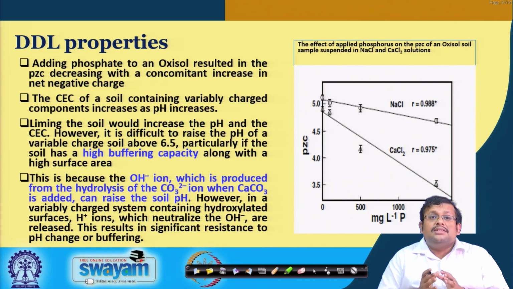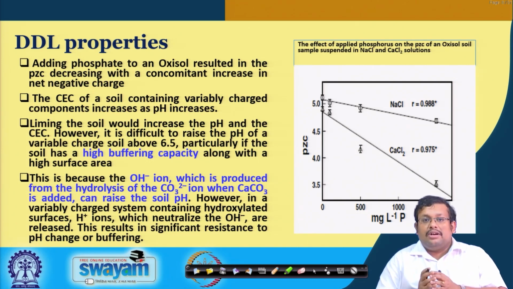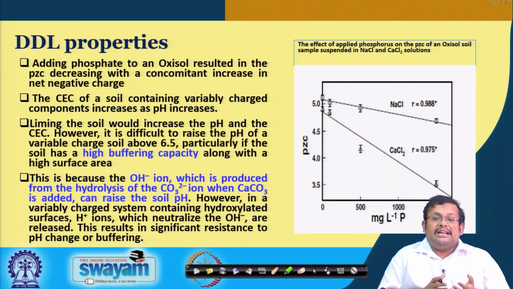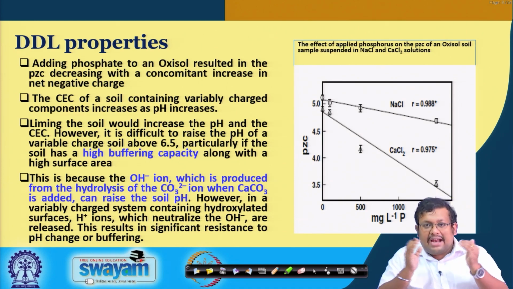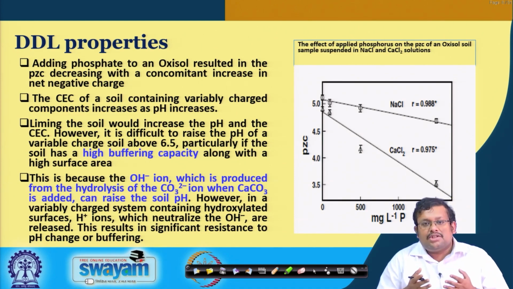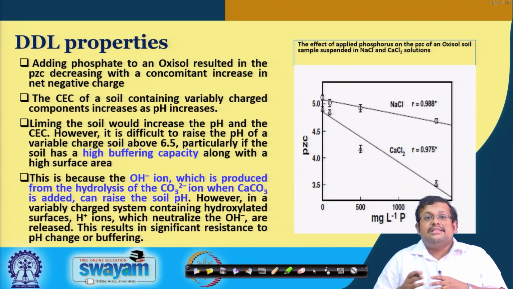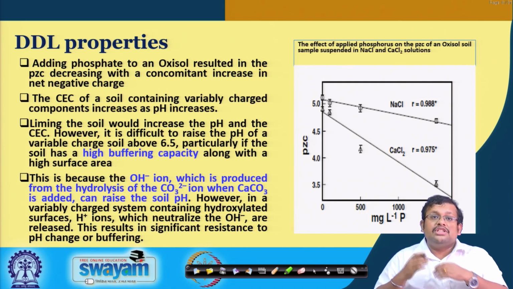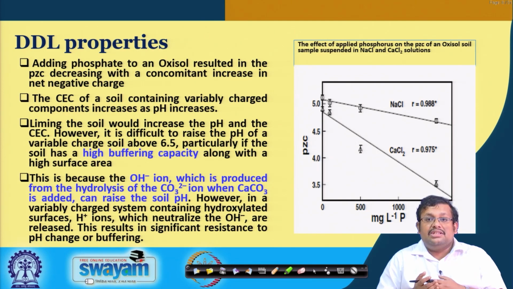Why? Because the hydroxyl ion is produced from the hydrolysis of carbonate when calcium carbonate is added. When we add the calcium carbonate or lime into the soil, it gets hydrolyzed, and this hydroxyl ion produced from the hydrolysis of the carbonates basically raises the pH.